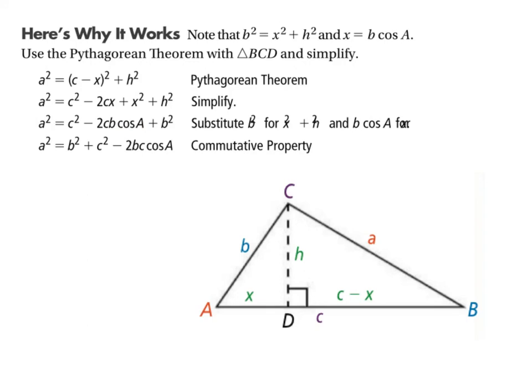And then now they're just going to reorder it and say, let's put b squared plus c squared first, minus this. And when you do that, what you get is a statement of truth about what a squared is, which relates just the sides of the big triangle and the angle of the big triangle without using any of the small triangle stuff that we needed to get ourselves there. And so that makes that true.